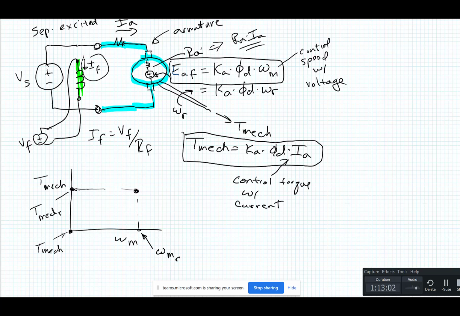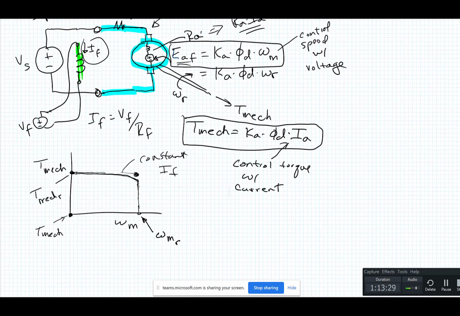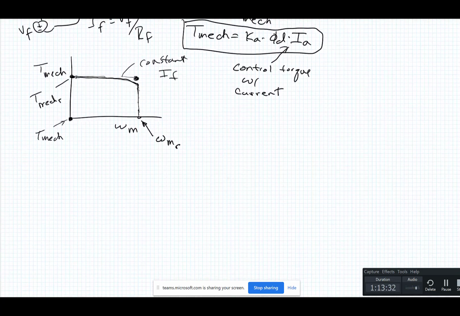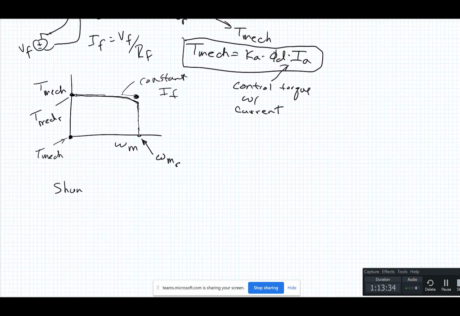It's going to be a little bit of reduction in torque as the speed goes up because of the effect of the voltage EAF. And it'll all fall out of the analysis here, but this is with a constant IF. And you guys saw in the lab, for example, you have the shunt wound machine.